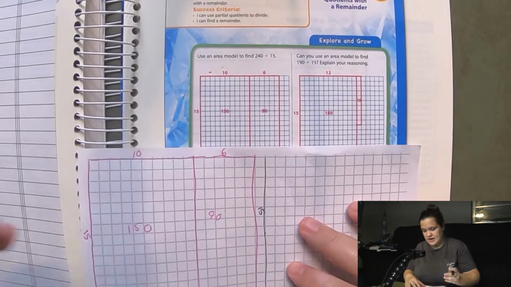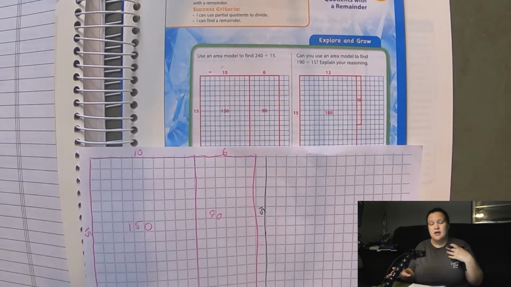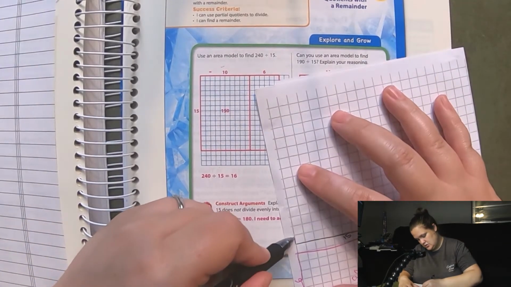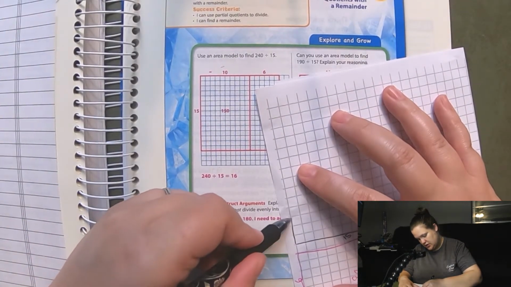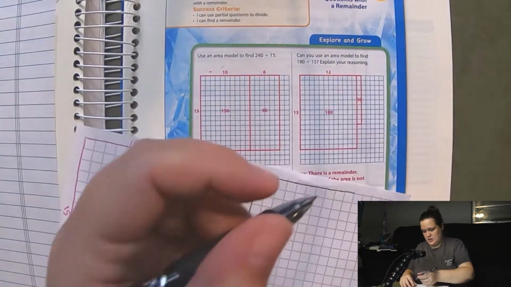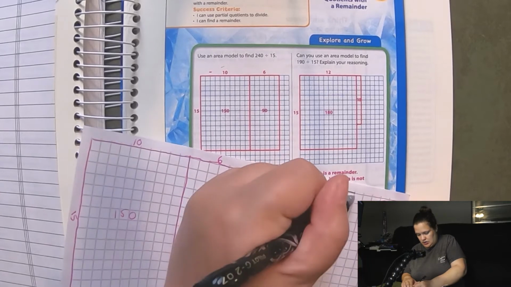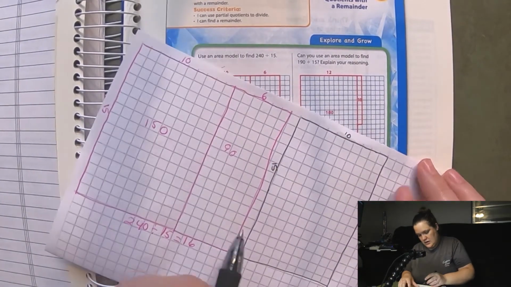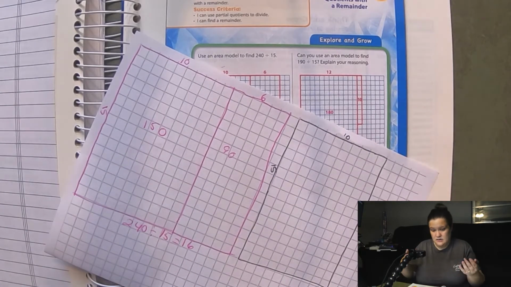And our first one over is going to be 10, right? So we're going to go over 10. 1, 2, 3, 4, 5, 6, 7, 8, 9, 10. And we're going to close up that rectangle. 15 times 10 is 150.